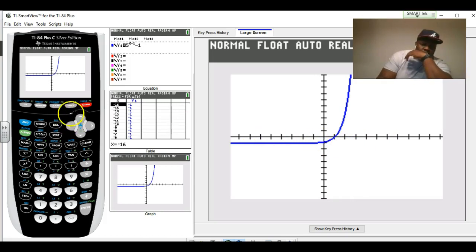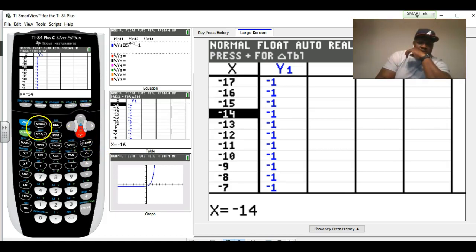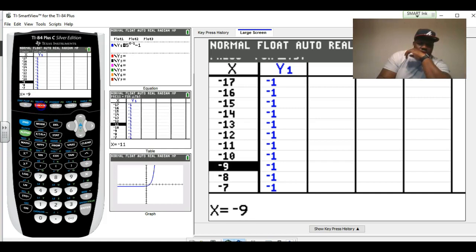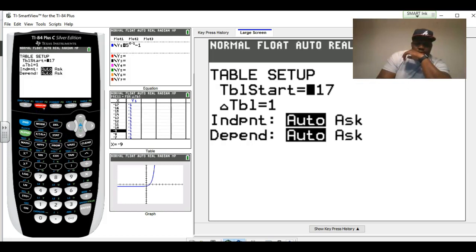Let me confirm that that's our y-intercept by looking at our table. Yep. That's our intercept right there. I don't know why I started there. Well, let me help myself out and do an easier trick. I'm going to start my table here at, let's see, there we go.